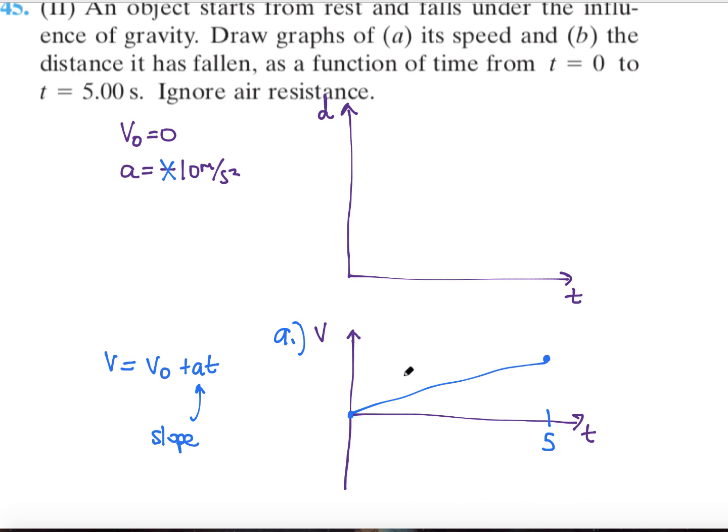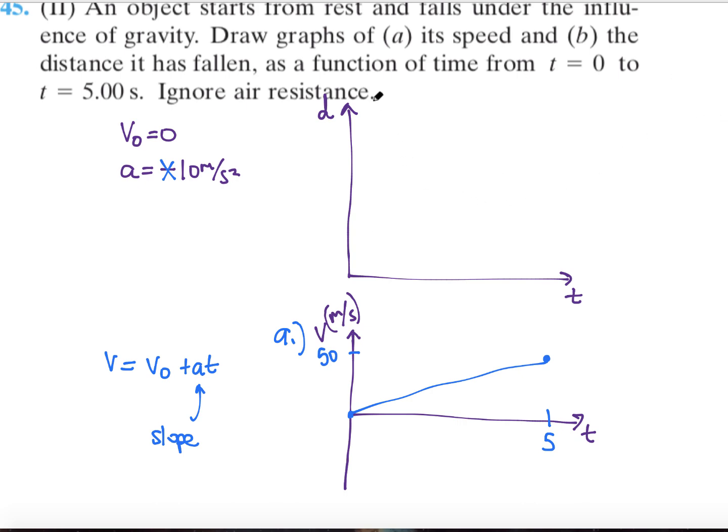So it's going to have a slope of 10. So this right here is going to be a straight line, as straight as I could get it with this pad. And at the 5-second mark, I'm going to have 5 times 10, so 50 meters per second as my speed. And I can calculate that using this equation.